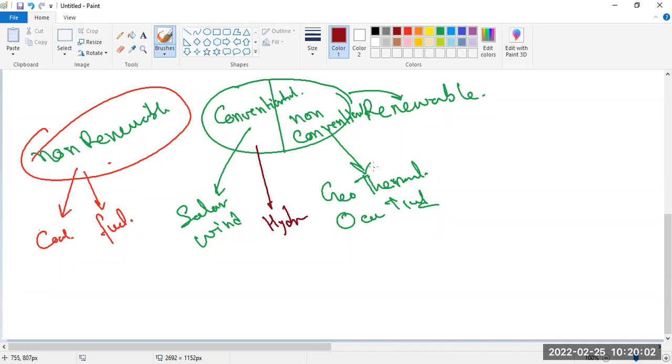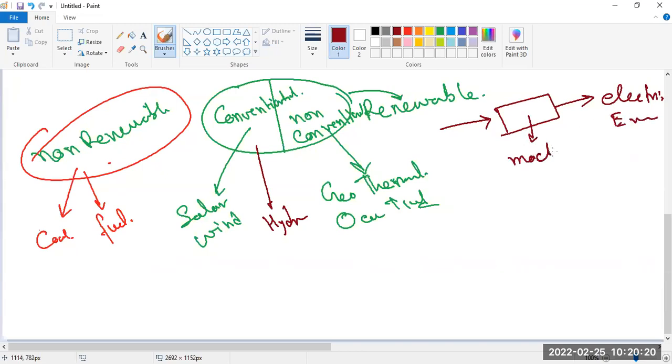So in this way we are differentiating the sources of energy, and this source of energy is converted into electrical energy by the machine, which is the device that converts one form of energy into another form of energy.